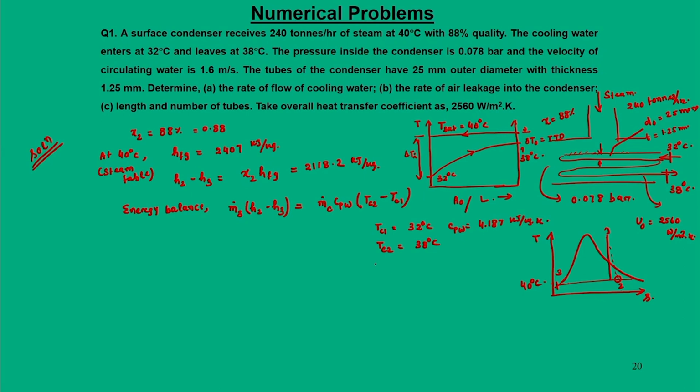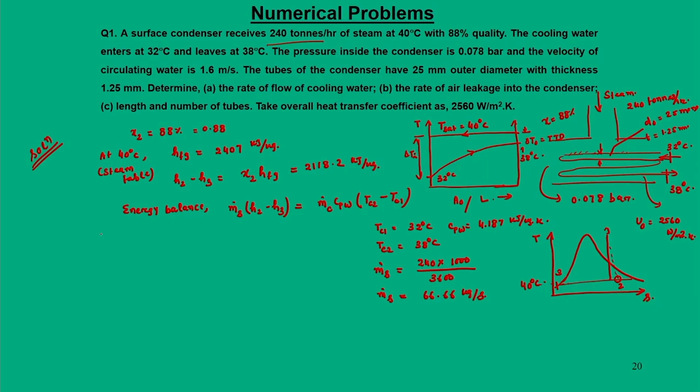and the mass of the steam, m dot s, which is 240 tons per hour, that is 240 into 1000 by 3600. So, this value is 66.66 kg per second.